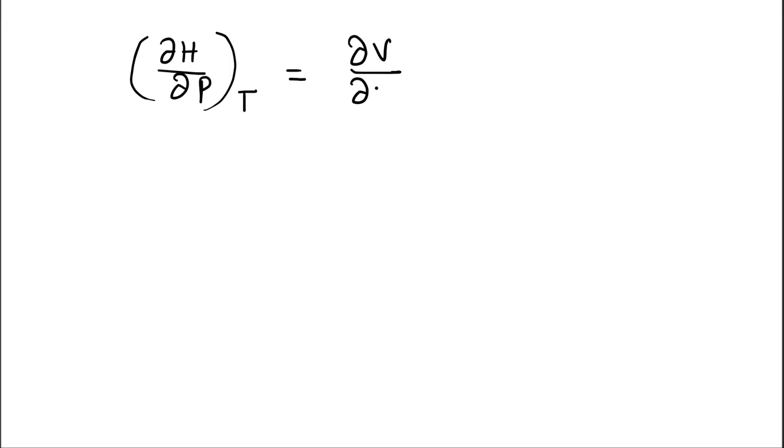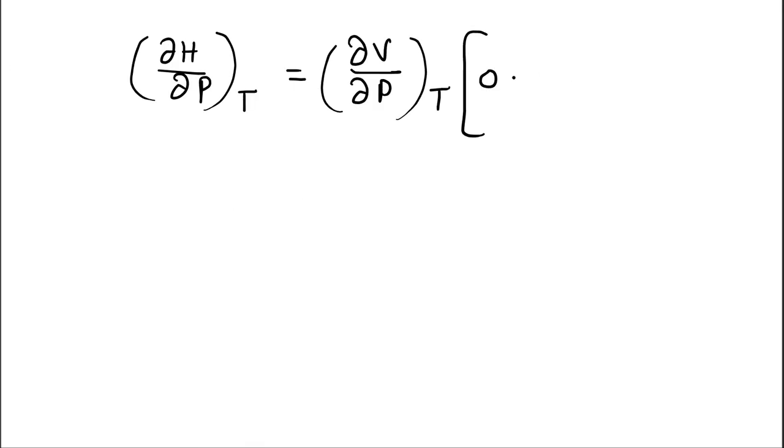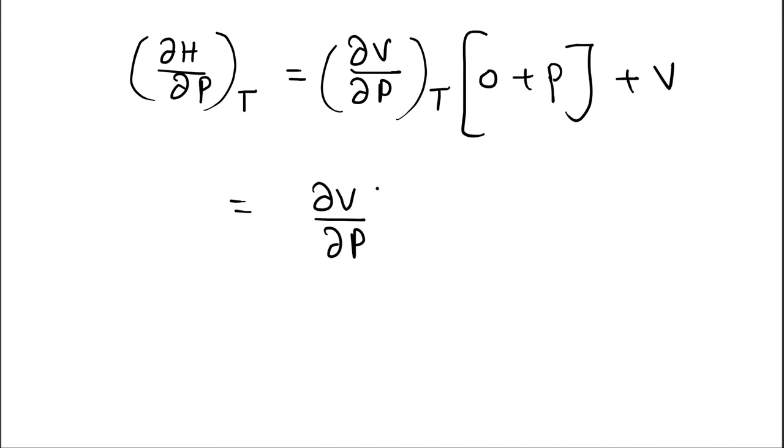We get ∂H/∂P at constant temperature is equal to ∂V/∂P times this, and if we see, this one is 0, therefore we have 0 plus P, plus V. So we are left with ∂V/∂P, and only P is left.